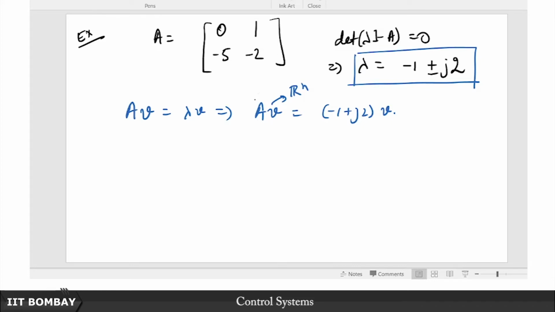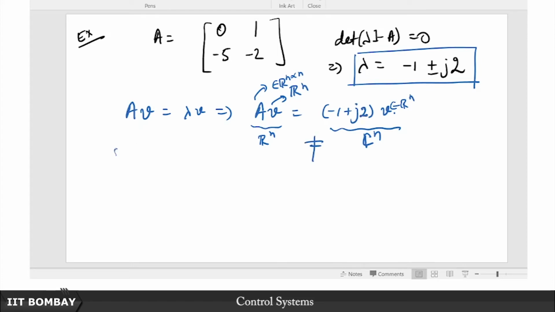Because on the left hand side, the A matrix has n cross n entries, all real numbers, so the left hand side is a vector that is an n-tuple of real numbers. On the right hand side, this is definitely going to be complex with a non-trivial imaginary part. So this cannot be equal.